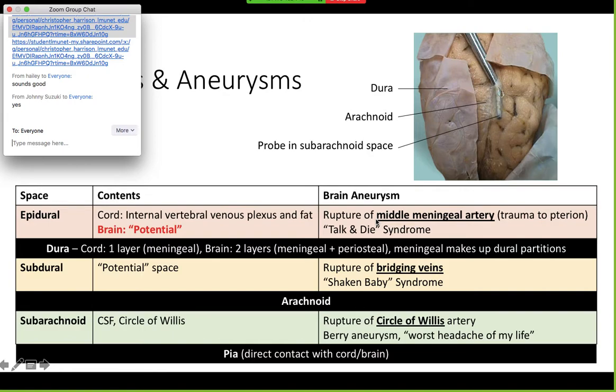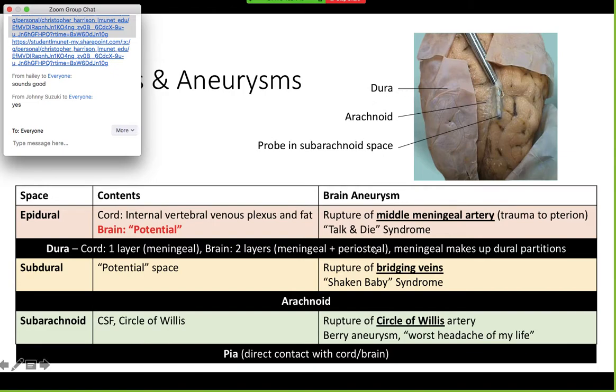So I talked a little bit about this last time, but here's where that talk and die syndrome comes up. A common scenario that you'll see is you have a skier going down a mountain. He hits a tree and smacks his head on the tree. But he eventually gets back up and he seems fine for a while. And then all of a sudden, he's not fine.